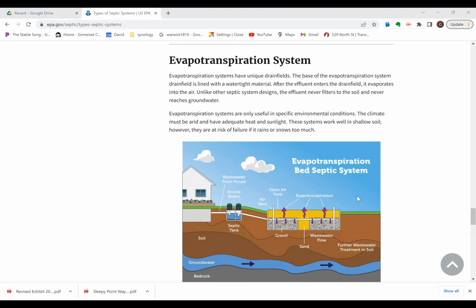There's an air vent and it's got to have a certain amount of stuff, and you're basically evaporating the water. And again, if it rains too much, if it snows too much, if it's too wet, if it's too humid, the system will fail.